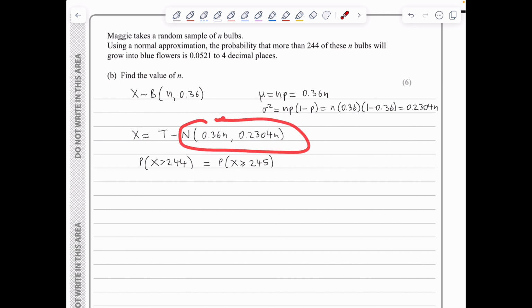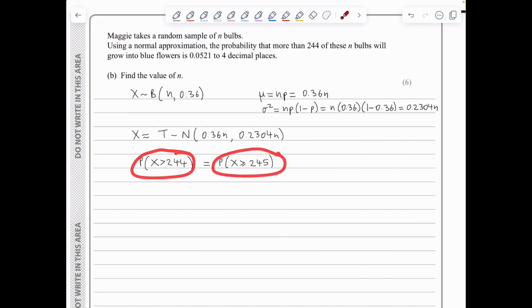Now we know that the binomial distribution can only attain integer values, whereas the normal distribution can attain any value. So because I've written this as a strict and then as a relaxed inequality, the continuity correction is simply the midpoint of the two. So this will be approximated by the probability of T greater than 244.5.